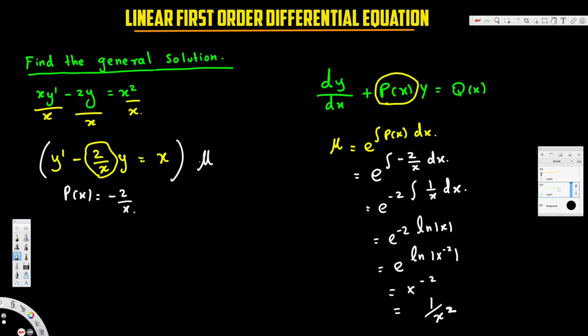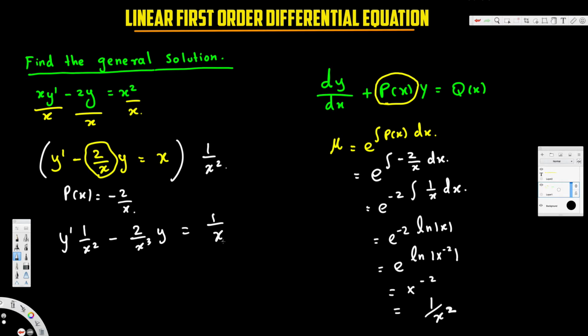Now we have to multiply both sides of this equation by the integrating factor, that is 1 over x squared. If I multiply this by the integrating factor, that's going to be y prime times 1 over x squared minus 2 over x cubed times y, and on the other side we will have 1 over x, because one of the x cancels.